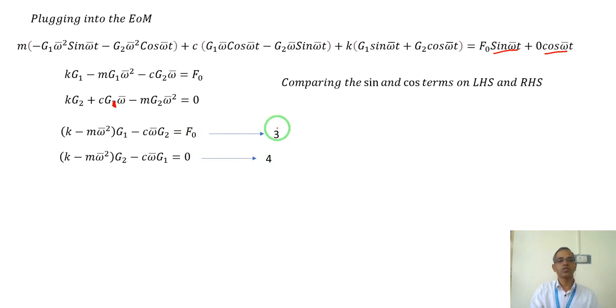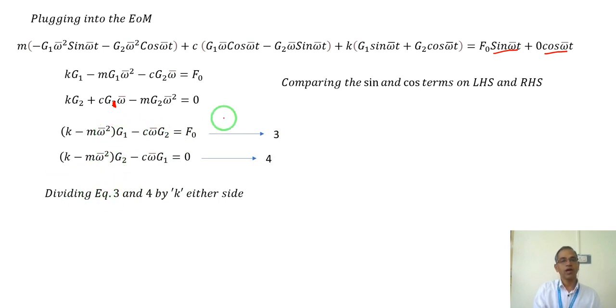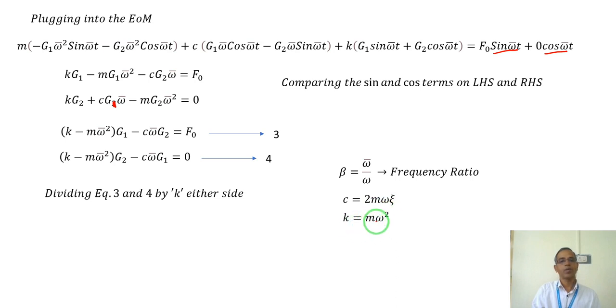So solving these two equations, 3 and 4, for G1 and G2, before that, what we can do is divide equations 3 and 4 by k. We need to make certain assumptions here: beta is omega bar by omega, c is written as 2 m omega xi, and k is m omega square.